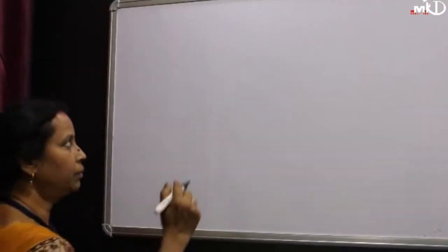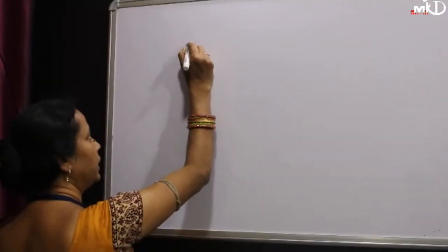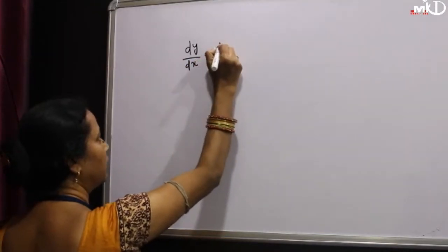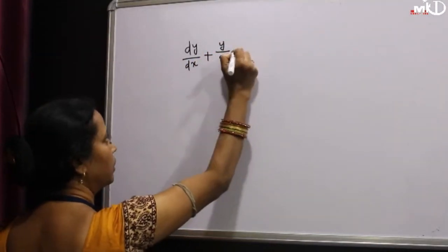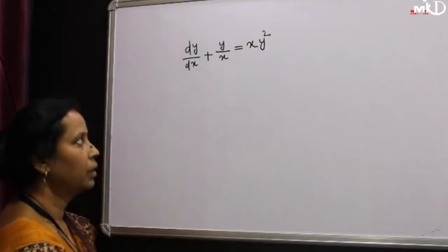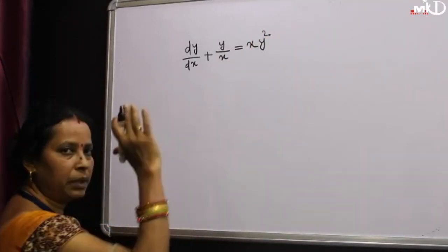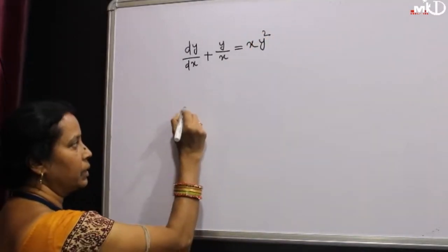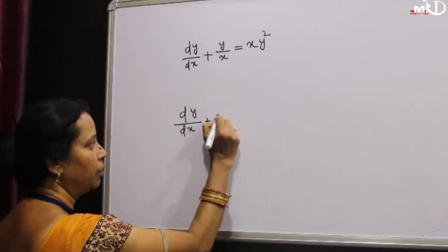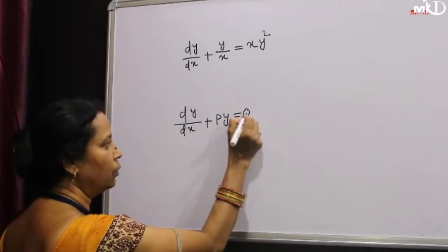Now friends, you see one example of a Bernoulli equation, that is dy by dx plus y by x is equal to xy square. In the normal linear differential equation, what is the form? That is dy by dx plus py is equal to q.